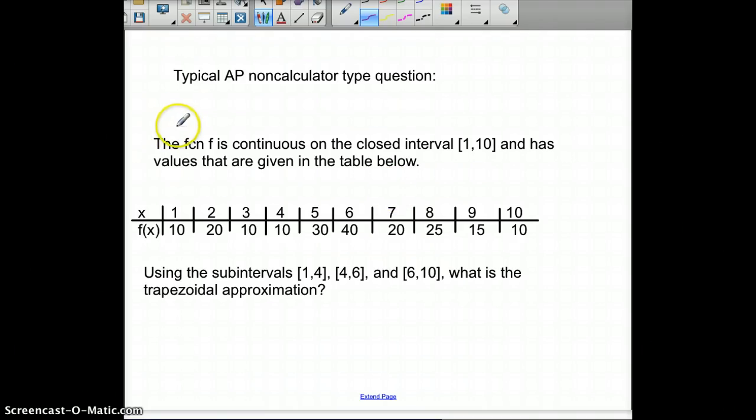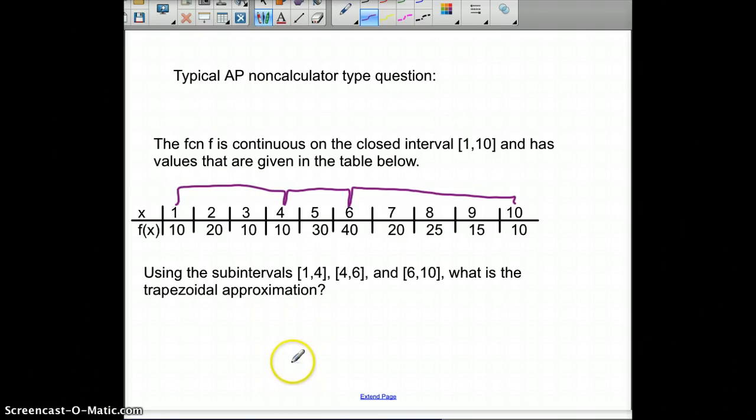The function f is continuous on the closed interval from 1 to 10 and has values that are given in the table below. So they don't give you a function, they just give you pairs of x and y values. Using the subintervals from 1 to 4, 4 to 6, and 6 to 10, so we're only using 3 subintervals and they're not even equal width, what is the trapezoidal approximation?